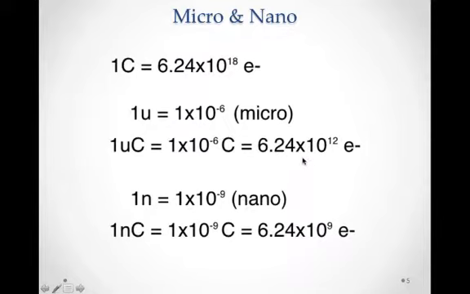You can still see that 1 microcoulomb is an awful lot of charge. A nano is 1 billionth, 1 times 10 to the negative 9 of something. 1 nanocoulomb is 1 times 10 to the negative 9 coulombs. And still you can see that even a nanocoulomb is 6.24 billion charges.